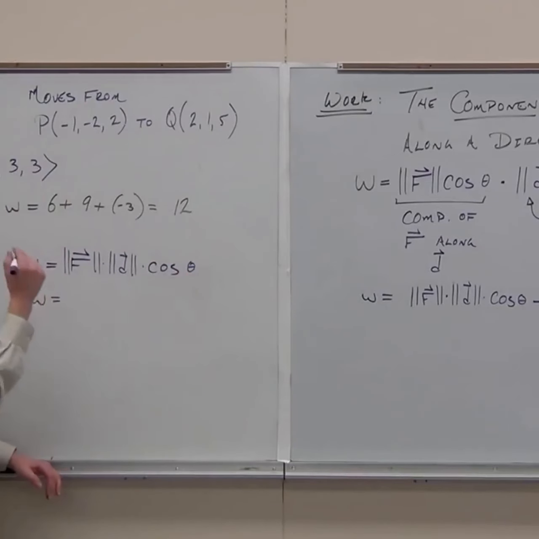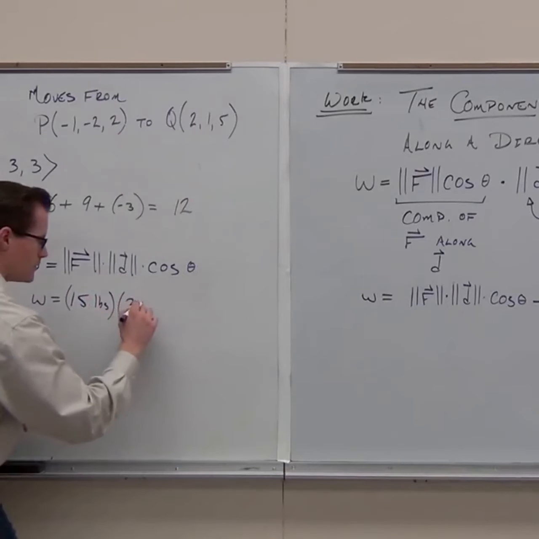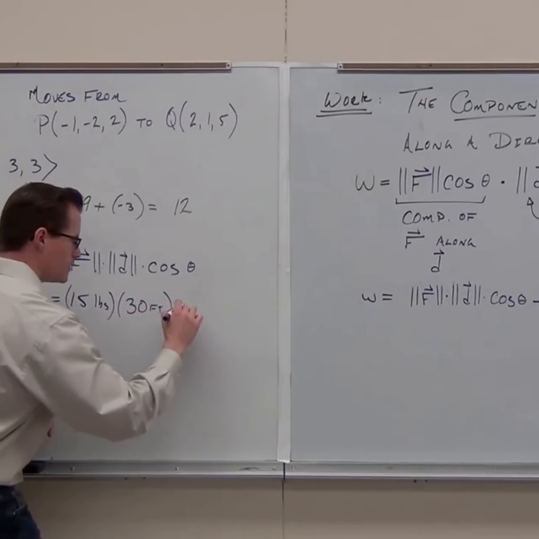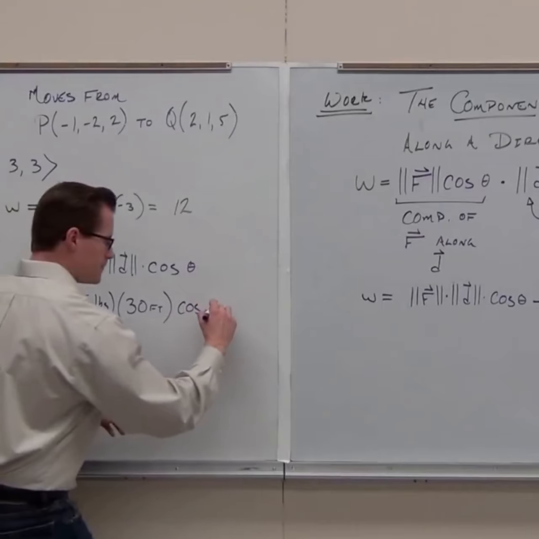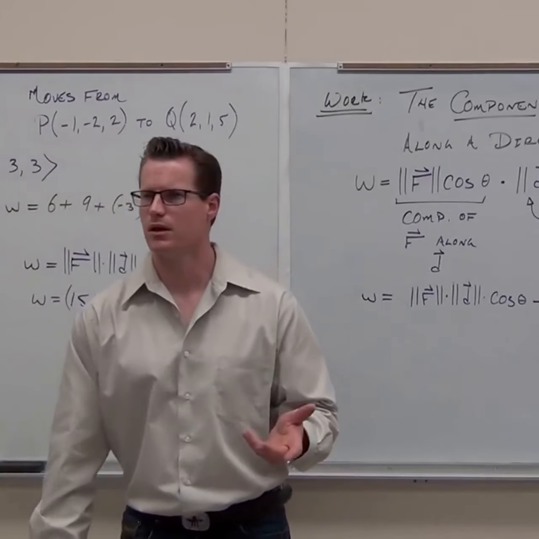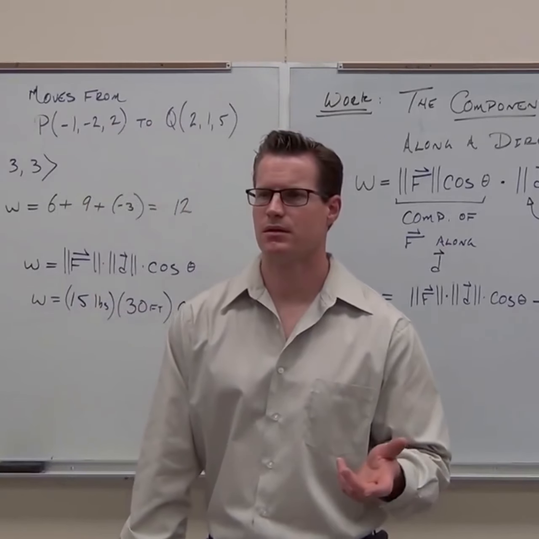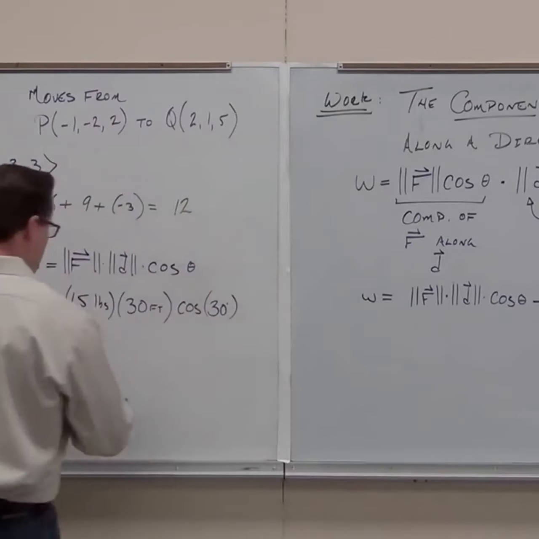We're going to burn through it pretty fast. The force is 15 pounds, that's the magnitude. The displacement is 30 feet. The angle between them is 30 degrees. Do you know what cosine of 30 degrees is? Yeah, root 3 over 2. That's the exact value. So we go, okay.